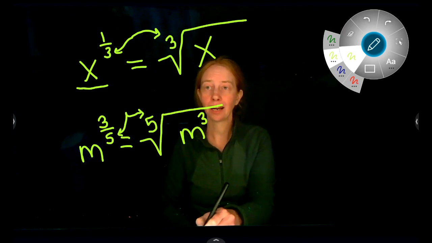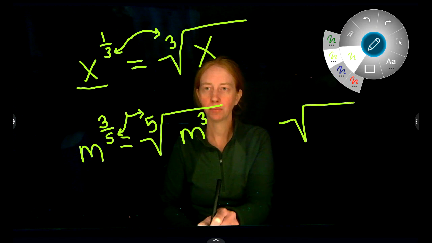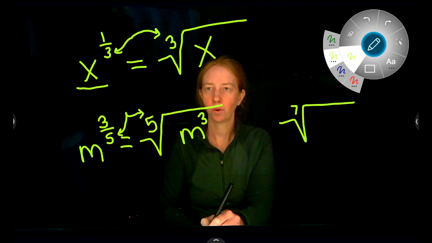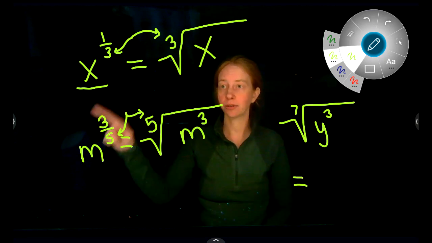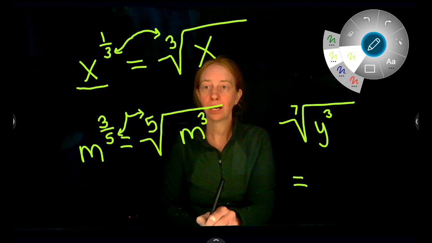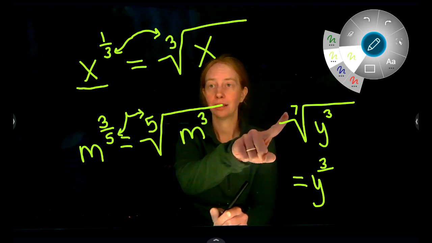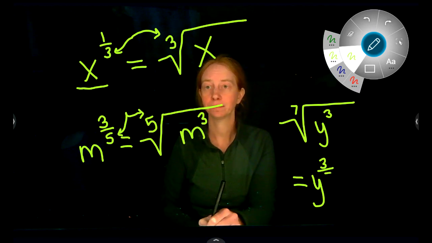So let's say that I had the 7th root of y to the 3rd. I can convert that the other direction. I know that I have y to the third, and my denominator is this 7.